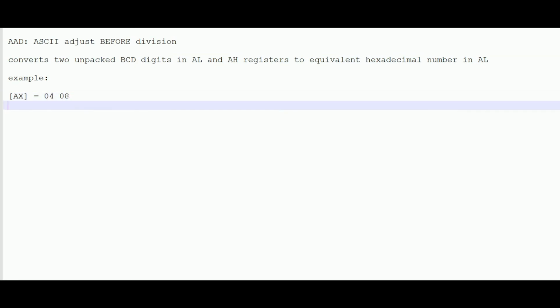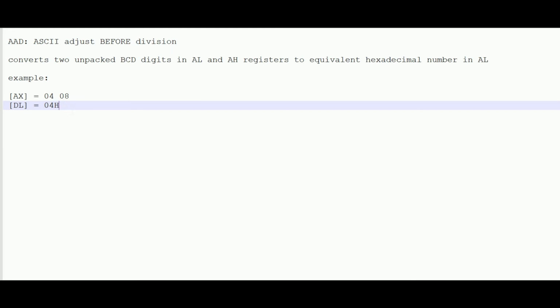Then if we have to divide this by 4, the divisor should be present in the DL register, which I am providing as 04H. Again you may wonder how 04, 08 and 04 came about. It is the same concept we used in the AAM instruction.